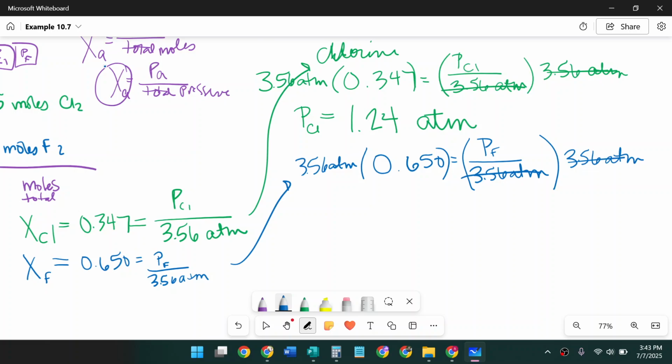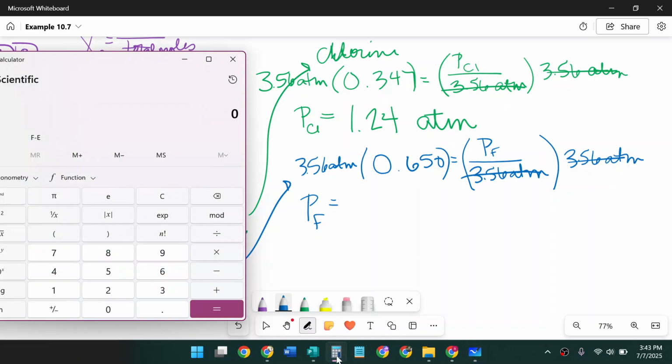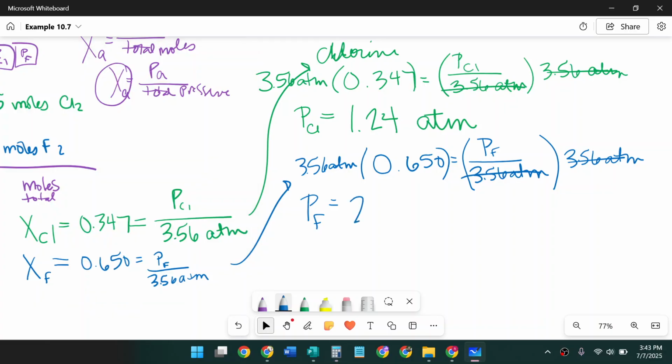That cancels out, and that's going to leave us with the partial pressure of fluorine. And again, this time we have 3 significant figures with both of our numbers, and so our final answer is going to have 3 significant figures. So 2.31 atm.